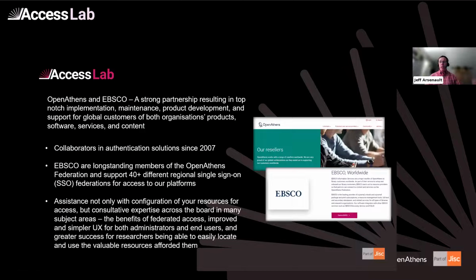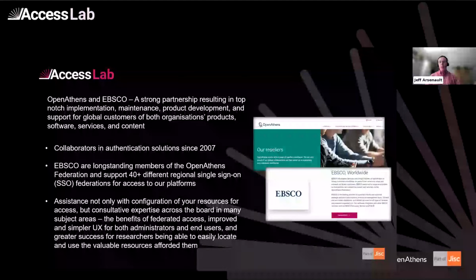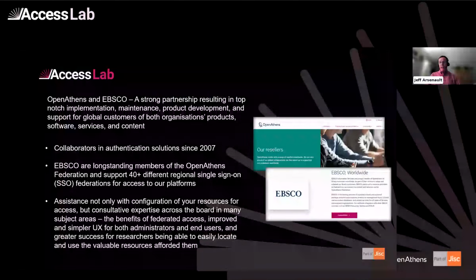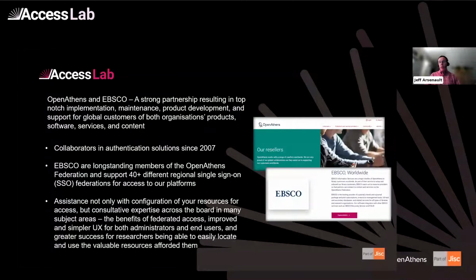Federations can generally be found in most countries, and in some countries you have to be a member of a federation to get access to some of the resources through single sign-on. So there are lots of different approaches, but in general, the idea of federation and OpenAthens is to share resources a lot more easily and with a lot greater consistency of data.